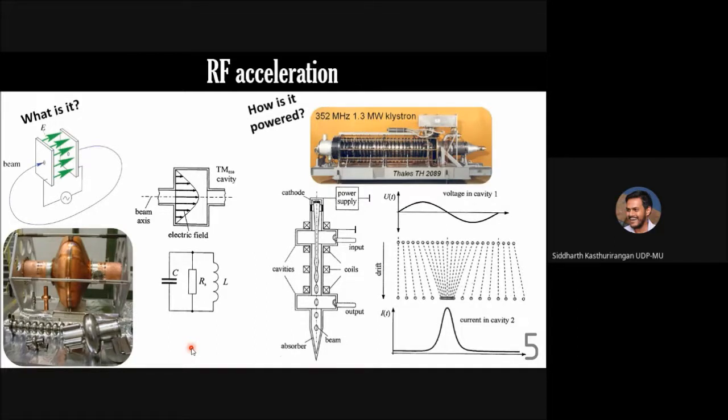The panel on the right side actually shows the kind of power supplies which are used to supply power to these RF cavities. This particular type of power supply is called a klystron generator. How it generates a high amount of power is that it takes a normal AC as an input, and you have an electron beam which is traveling through this region.